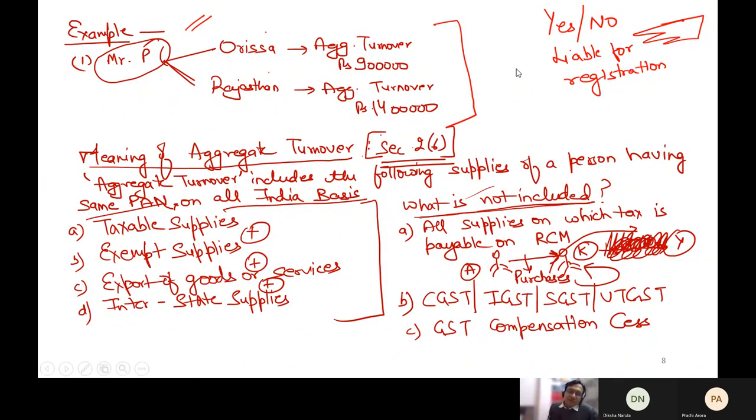Mr. P is having two offices, one in Odisha and another in Rajasthan. In Odisha, his aggregate turnover per year is 9 lakh. In Rajasthan, his aggregate turnover is 14 lakh. My question is, is he liable for registration or not? What is your answer? Think and tell.